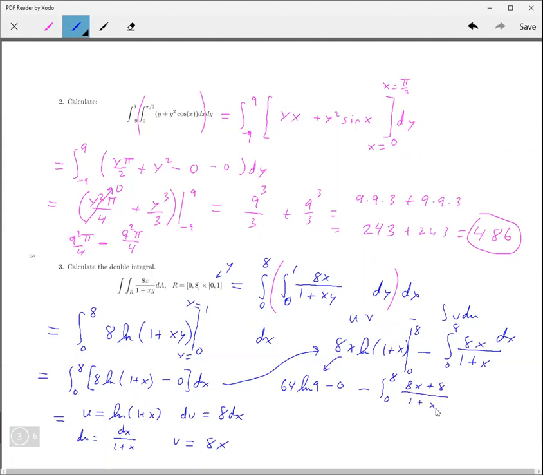Because then the 8 could factor out, and I can integrate that easily. So I just put an 8 there, but then subtract an 8, like that. Okay, and all of this just becomes 8.